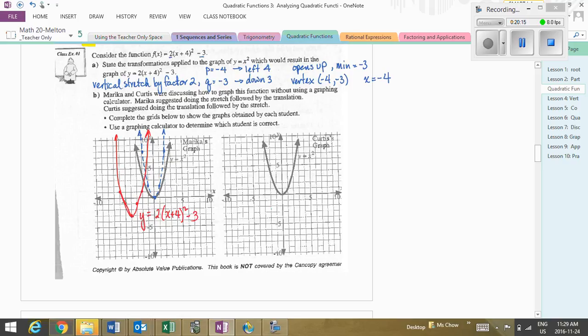So for Curtis, if Curtis was to translate it first, so now we're moving it to a vertex of -4, -3, and then standard y equals x squared, so 1 over 1 up, 2 over and 4 up, and 3 over and 9 up.